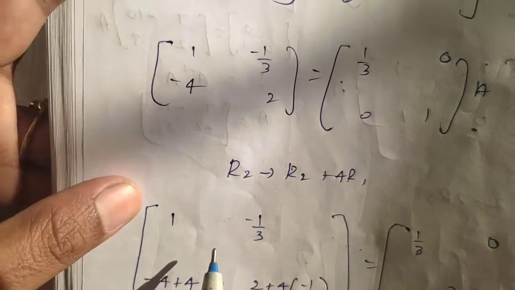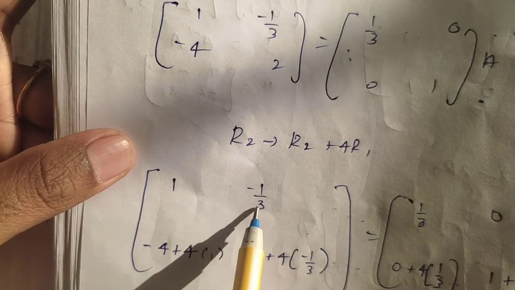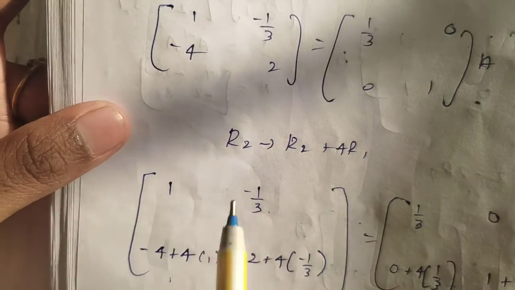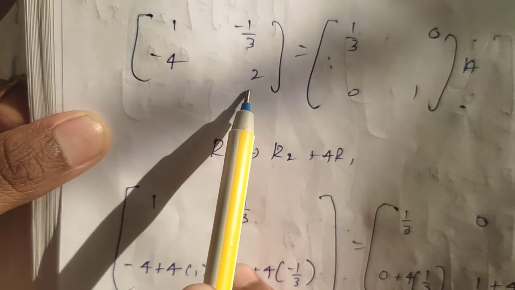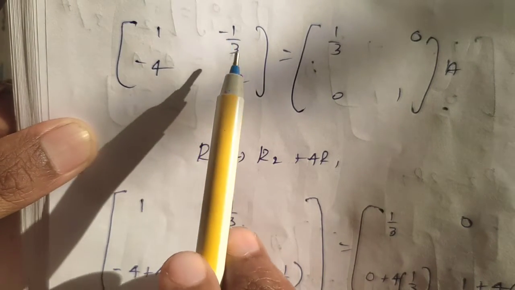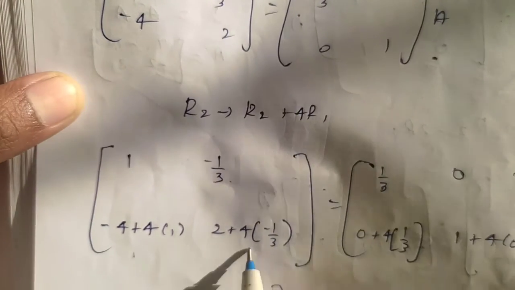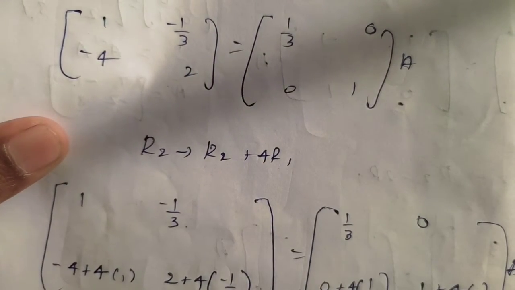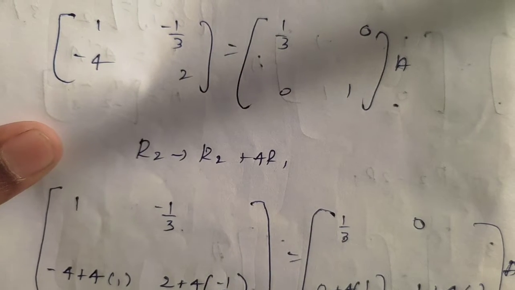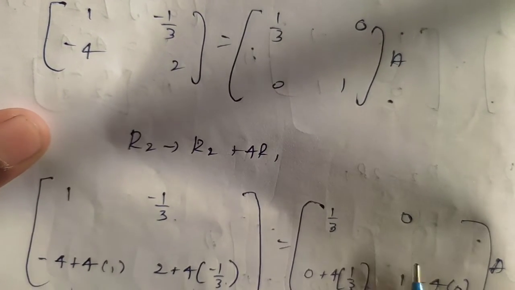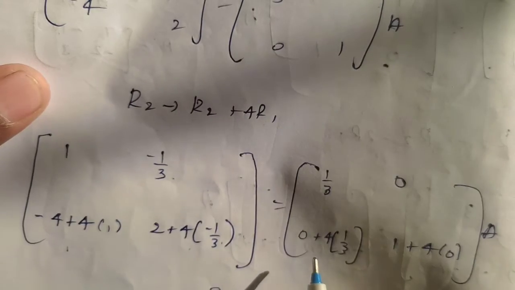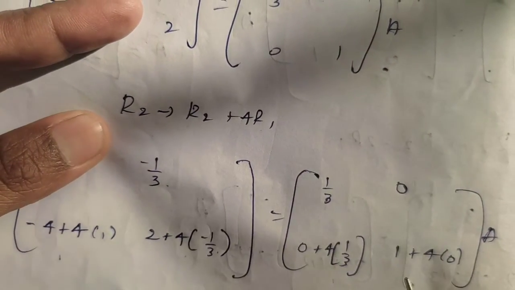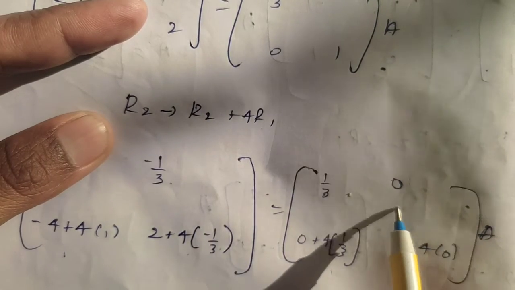So that is what here we have done. 1 minus 1 by 3, minus 4 plus 4, 2 plus 4 into minus 1 by 3. Same thing followed in the RHS. Here 1 by 3, 0, 0 plus 4 into 1 by 3, 1 plus 4 into 0.